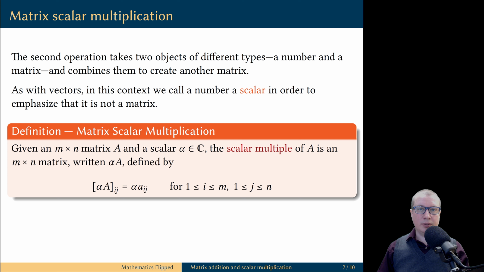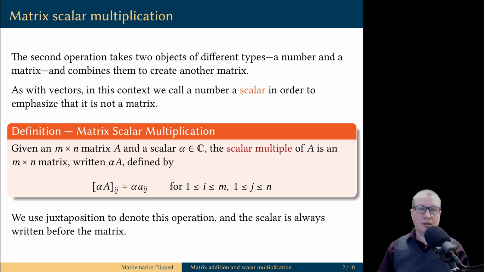A scalar multiple of a matrix by a scalar is obtained by multiplying every entry in the matrix by this same scalar. And we do not use any special symbol to denote this operation. We simply use juxtaposition. We juxtapose two symbols, scalar and the matrix. Moreover, scalar always comes first, matrix always comes second.